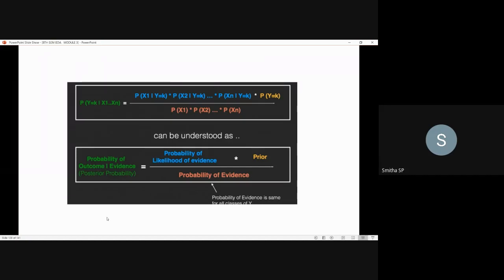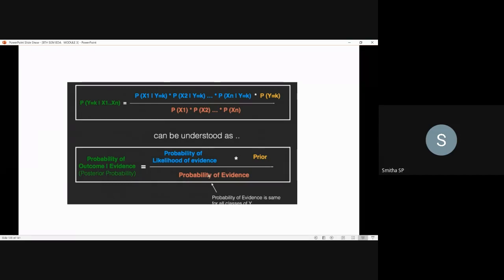We call the multiplication of all the x variables the likelihood of evidence. In the above formula, you can see this is the probability of likelihood of evidence. We are multiplying all the x variables up to n variables, and we call that the probability of likelihood of evidence.